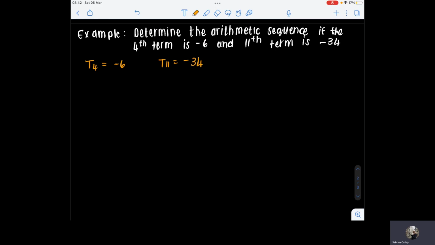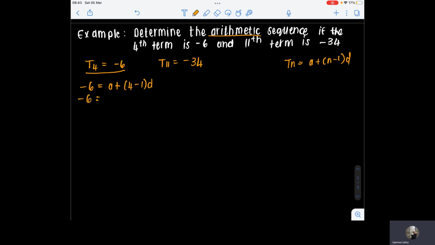Okay, so let's write out what this means. Always keep your formula in mind. They told me it was arithmetic, so I'm going to use my arithmetic sequence formula, which is Tn equals a plus (n minus 1)d. With the fourth term equal to negative 6, my outcome is negative 6, a I don't know, plus (4 minus 1)d.